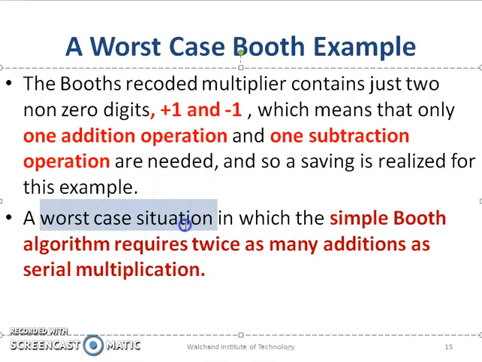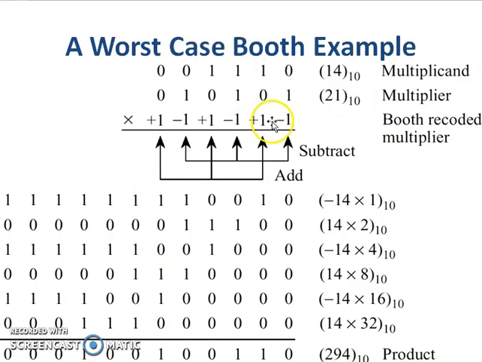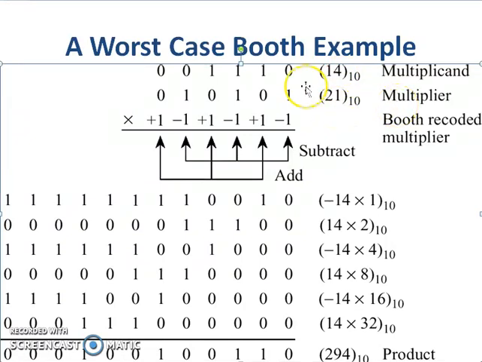But there is a worst case situation in which a simple Booth algorithm requires twice as many additions as serial multiplication. So in the next example we will see the worst case of Booth algorithm. In this case we consider 14 as the multiplicand value and 21 as the multiplier, and write the binary for 14 and 21.